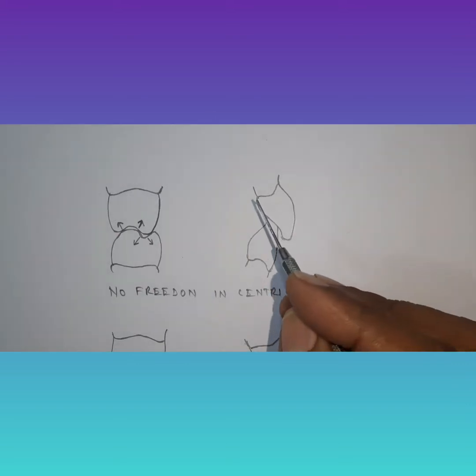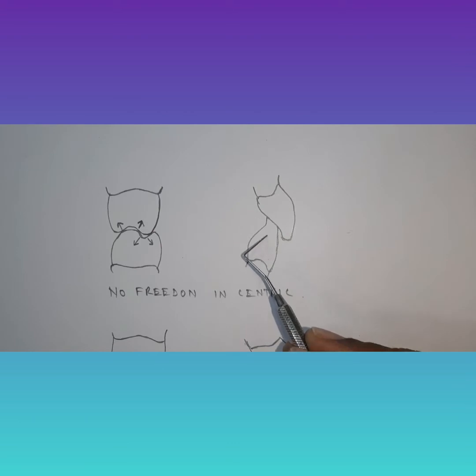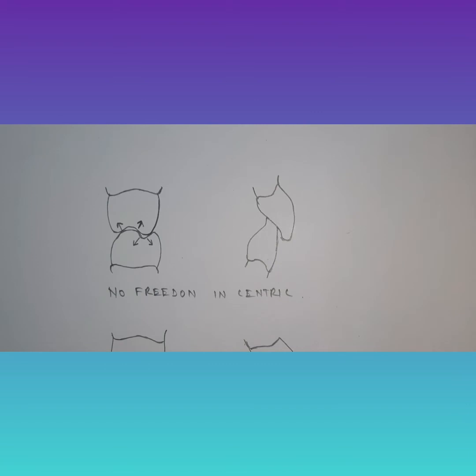If you make crowns or restorations which are very thick in the palate region, then whenever the patient is biting, there will be no freedom in centric. This is not healthy for the joint as well as the teeth.